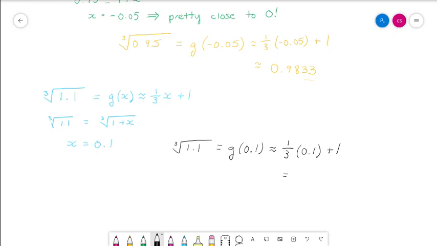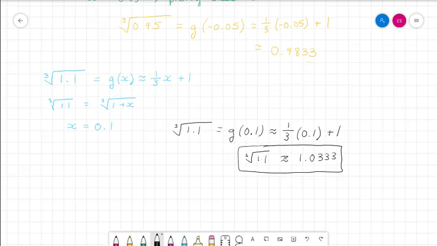Okay, and then we can put that in our calculator. We can even do that by hand if we wanted to, just some basic arithmetic. And now we have a nice approximation for the cubed root of 1.1. Again, cubed root of 1.1 is hard to calculate by hand, but this linear approximation is easy to calculate by hand. All right, so there you go.